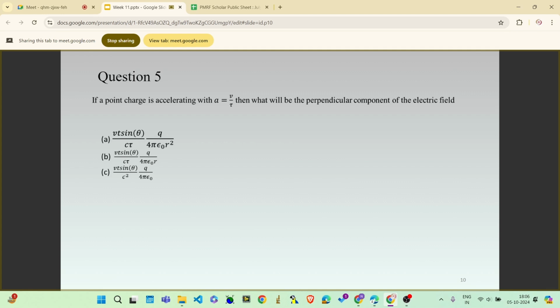Tau c square epsilon naught R. Again, you can go one step further. This B by tau is acceleration.